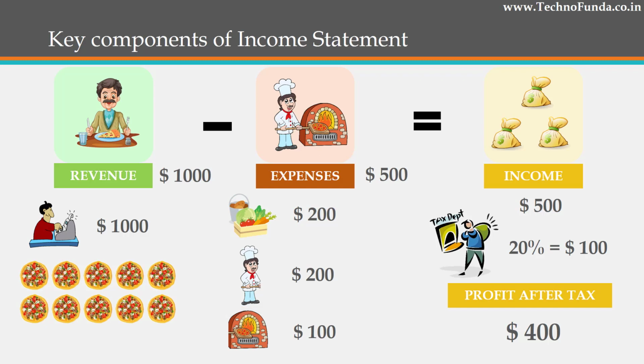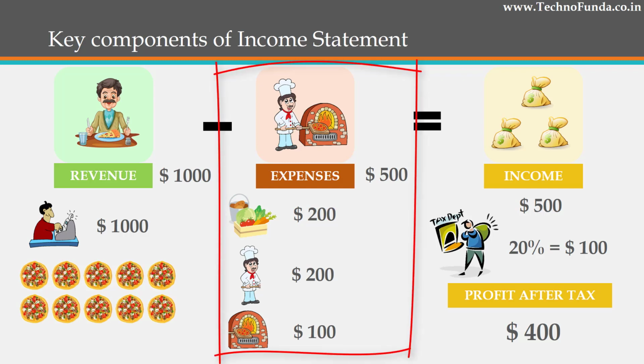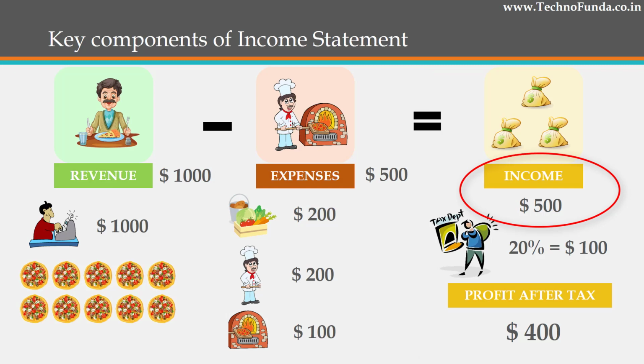So in all there are 3 expenses currently: the cost of raw materials or cost of goods sold, which is vegetables and pizza base, which is 200, the salary and similar expenses for the chef, which is $200, and then the depreciation or wear and tear of your oven or machinery, which is 100. So we are left with $500 as our income.